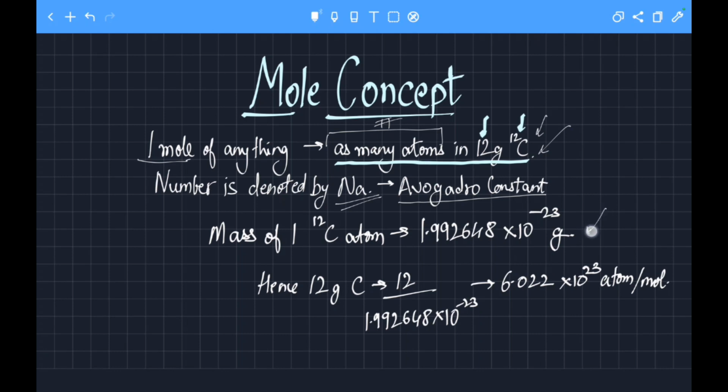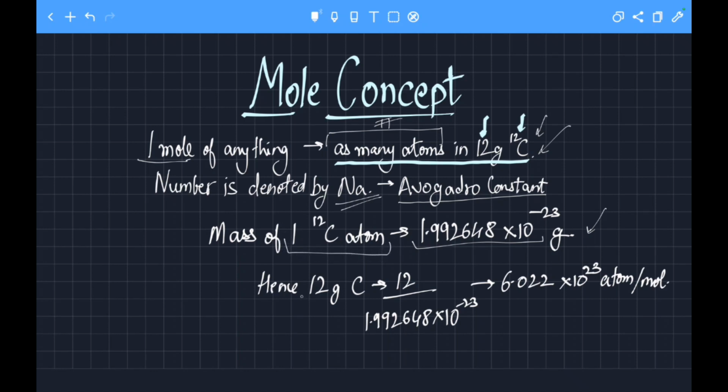that has been found by mass spectrometer, and that came out to be this number, 1.992648 into 10 raised to minus 23 grams. This is the mass of one carbon atom.